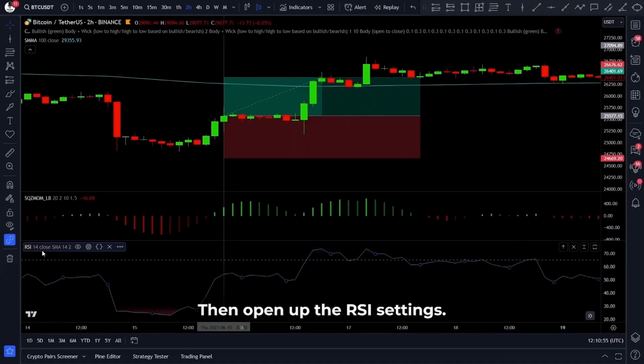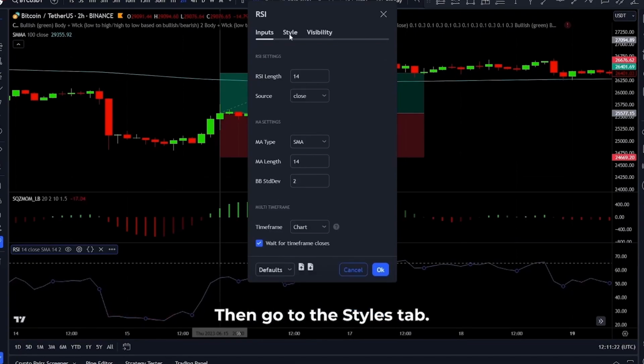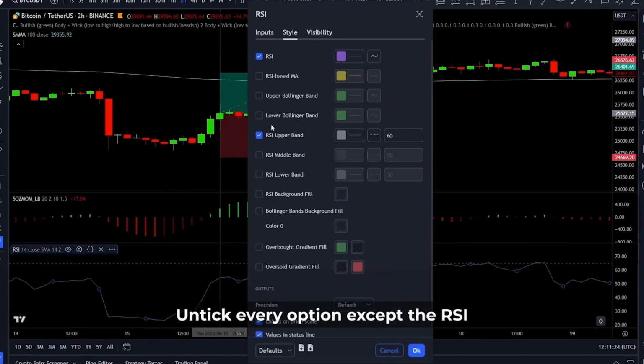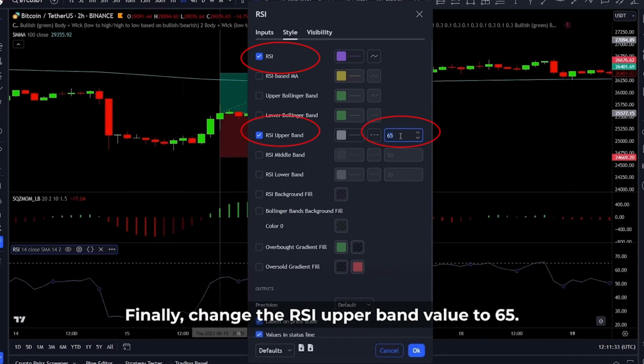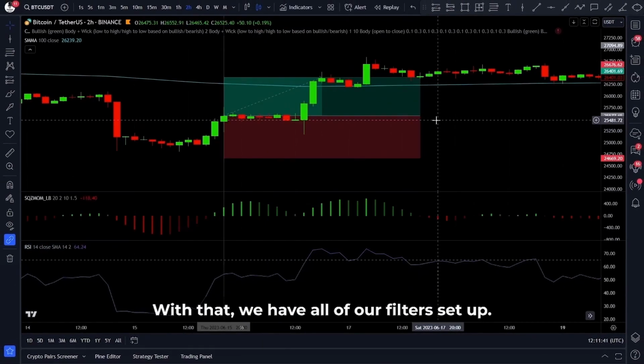Then open up the RSI settings. Then go to the Styles tab, untick every option except the RSI and the RSI upper band. Finally, change the RSI upper band value to 65.